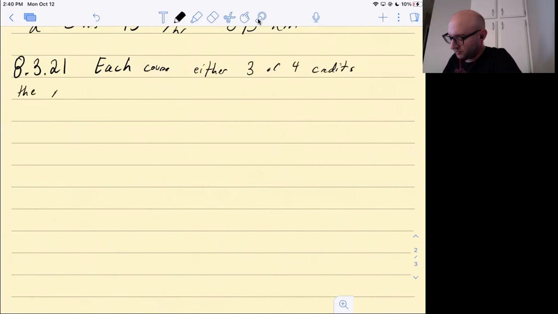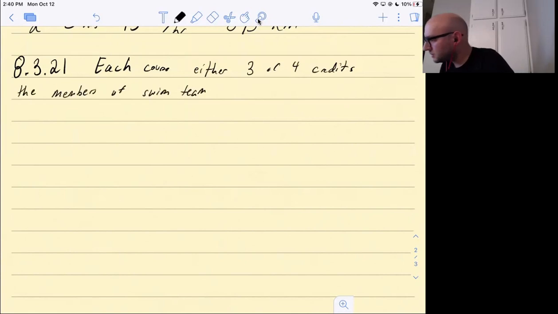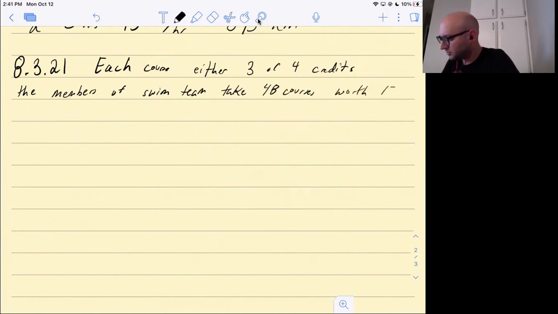The members of the swim team take 48 courses that are worth 155 credits.